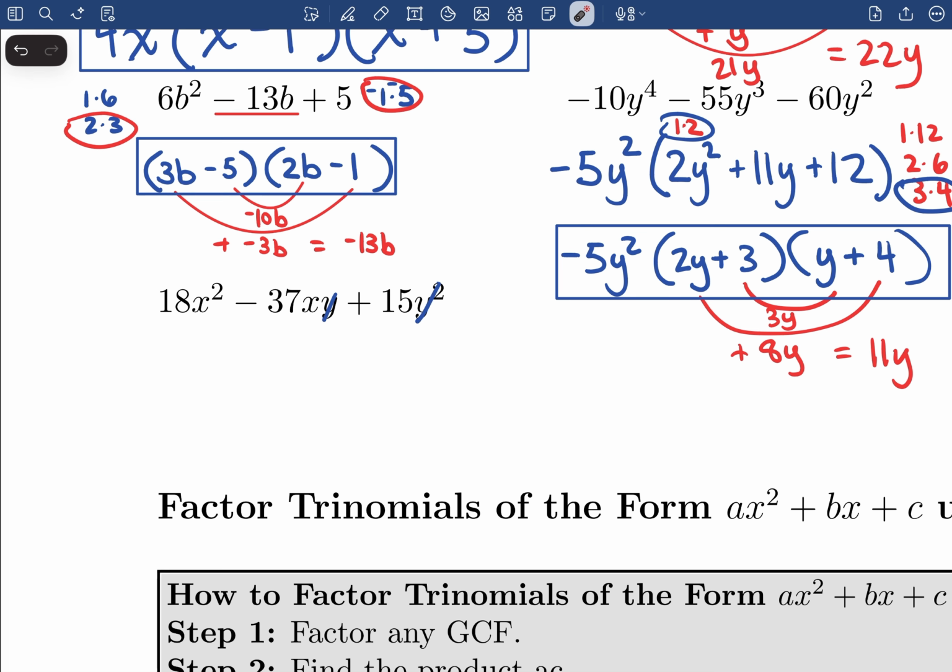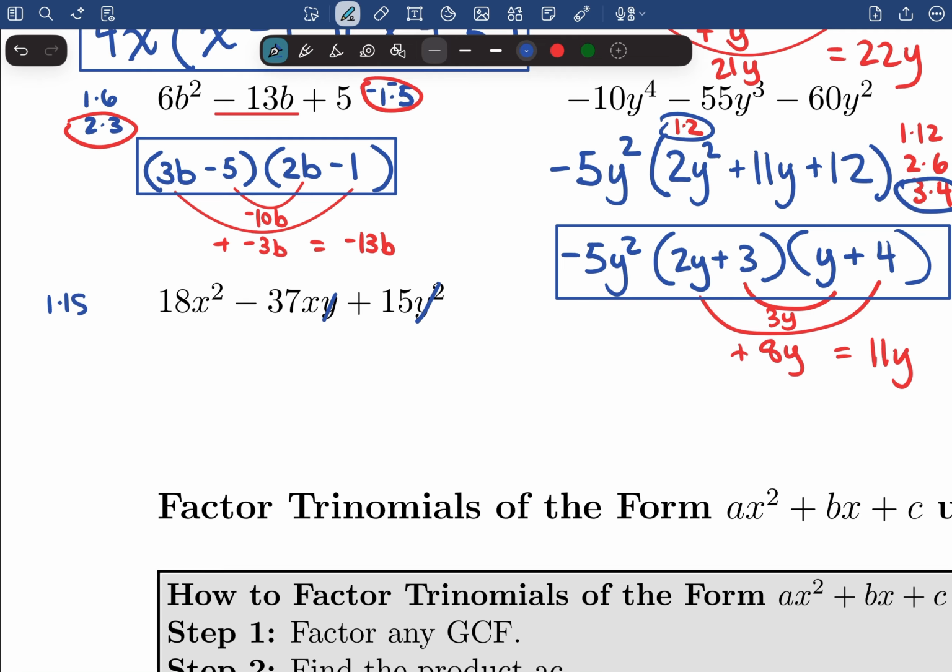Okay, so how am I going to handle this? Well, I'm going to find all of the factors of 18 and then all of the factors of 15 and put them in a little list on the side. So all the factors of 18 are 1 times 18 and 2 times 9 and 3 times 6, and that's it. Okay, so I found all the factors of 18. Now all the factors of 15 are 1 times 15 and 3 times 5.